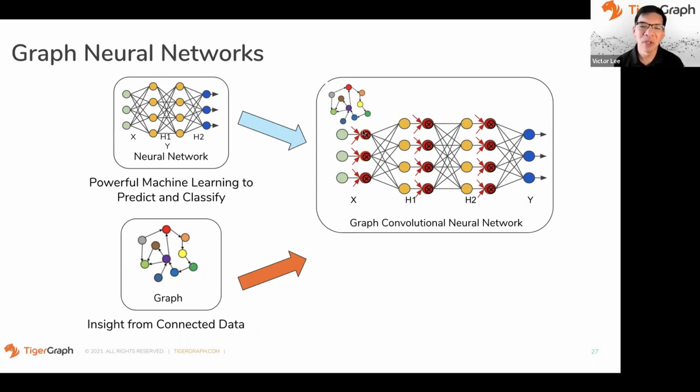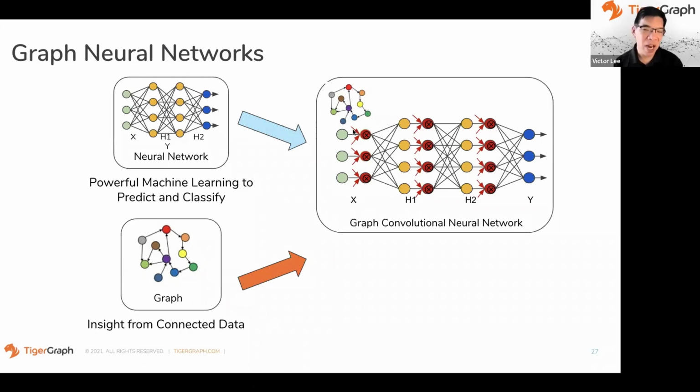And what the graph convolution is doing is, if each of these nodes represents a vertex in the graph, and we're trying to learn about each vertex in the graph, we have a convolution step where we take its features, this vertex's features, and combine it with the features of its neighbors.